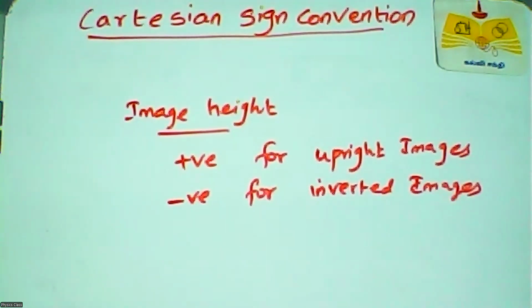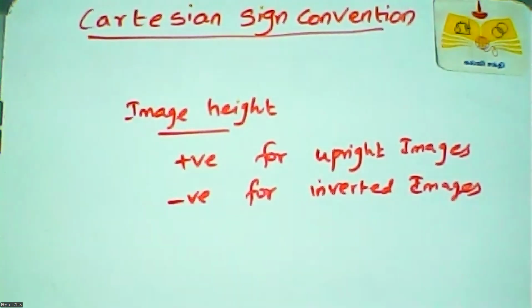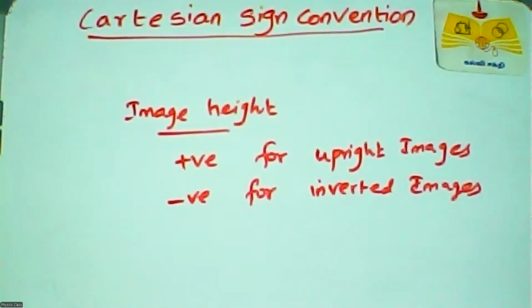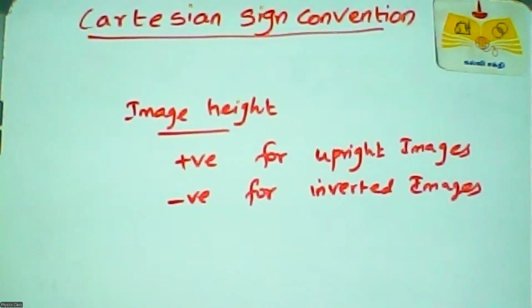So inverted and upright, you already know that. Inverted means suppose one object is placed on the mirror and the image is formed reciprocal to that object, that is called an inverted image.